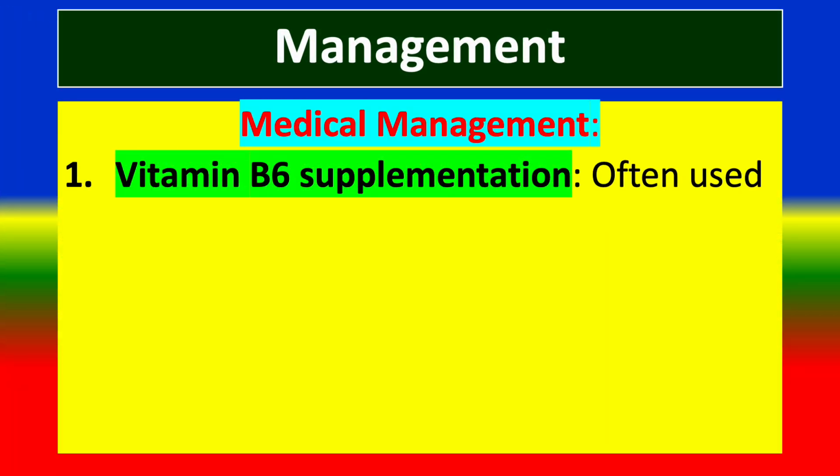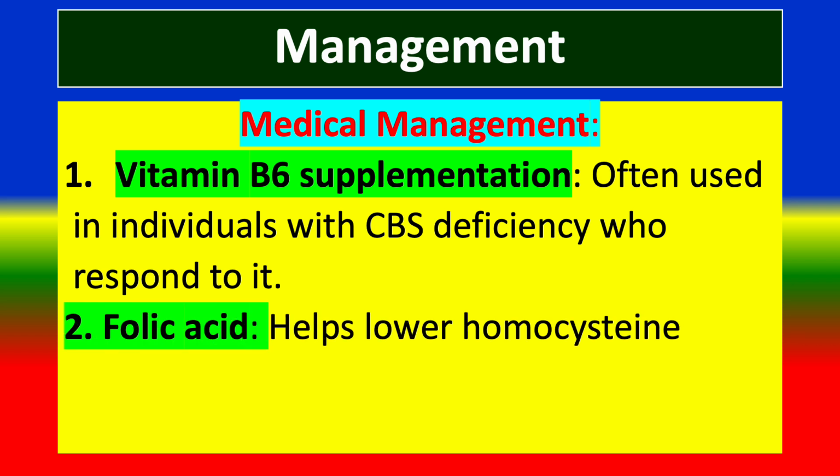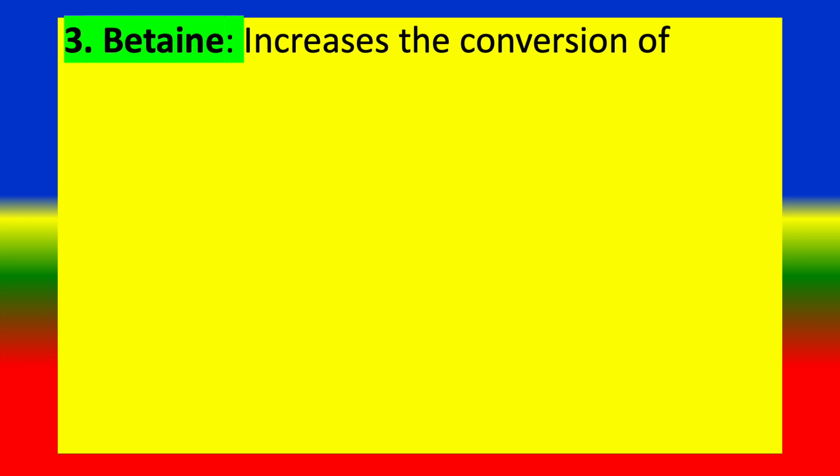Medical management first. 1. Vitamin B6 supplements, often used in individuals with CBS deficiency who respond to it. 2. Folic acid helps lower homocysteine levels by supporting folate metabolism. 3.